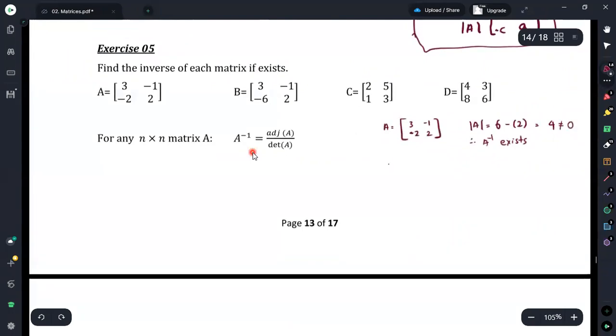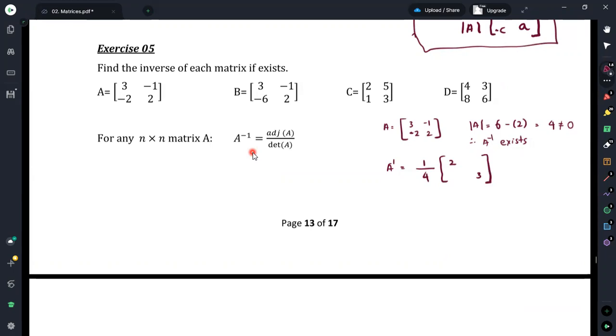We can directly use the equation to obtain the inverse. Therefore, A inverse is equal to 1 over the determinant of A. The determinant of A is equal to 4, so this value is 1 over 4. Then we need to interchange the places of the main diagonal elements, so I have to interchange 3 and 2. Then the first value becomes 2 and the latter value becomes 3. Then the off diagonal elements have to be multiplied with minus: minus with minus 1 is plus 1, minus with minus 2 is plus 2.